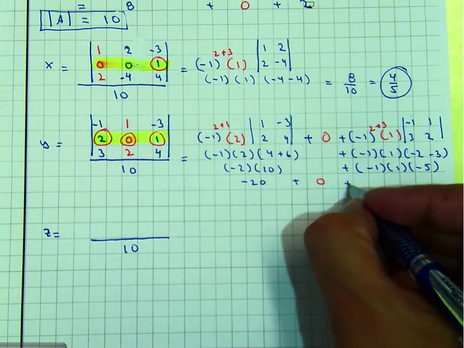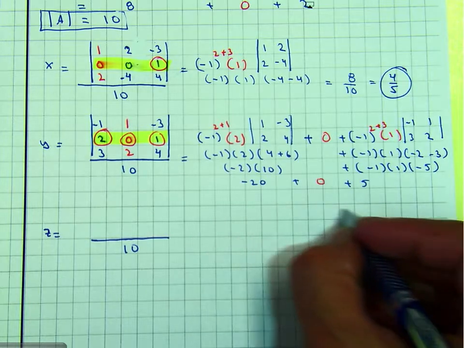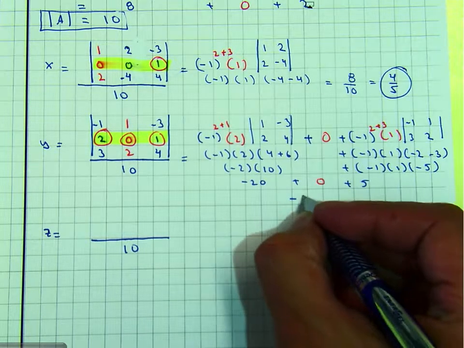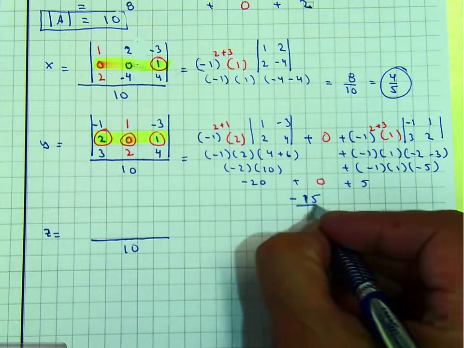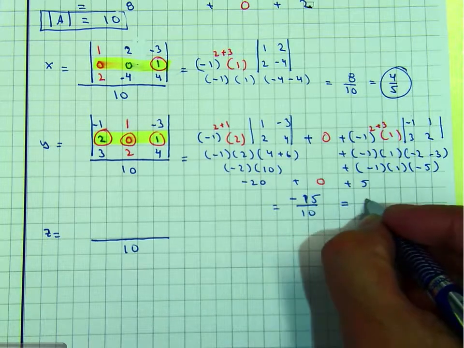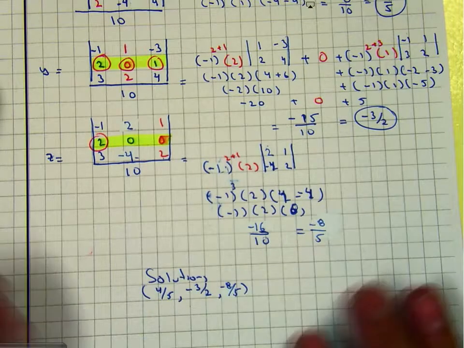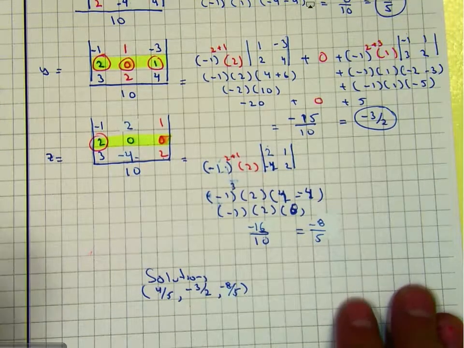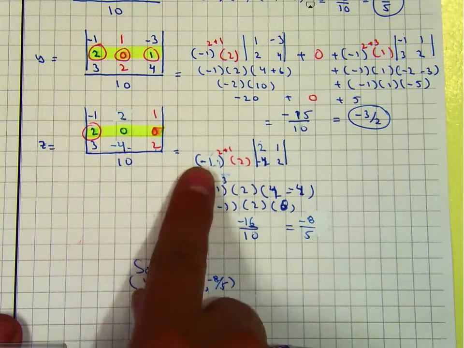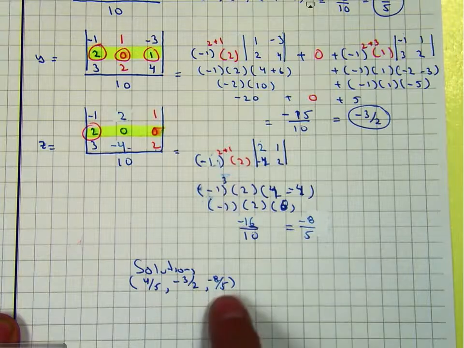So we plus 5. So therefore, my y value is going to be negative 15 divided by 10. So therefore, it will be negative 3 over 2. So therefore, after making a few corrections, my answer should be negative 8 over 5 for my z.